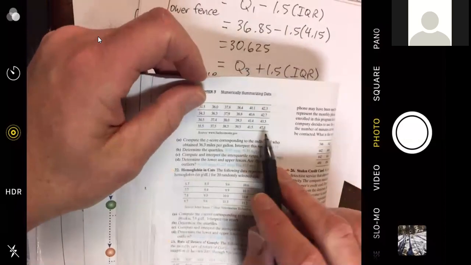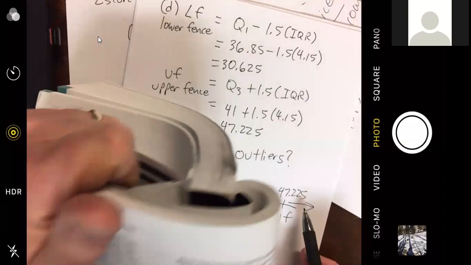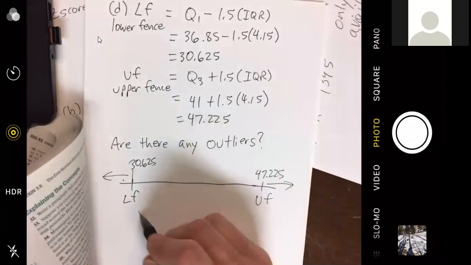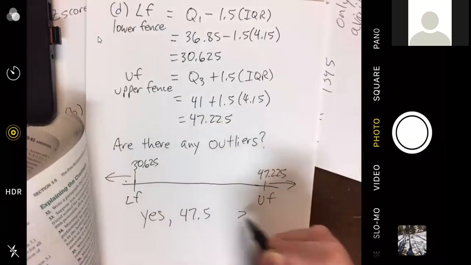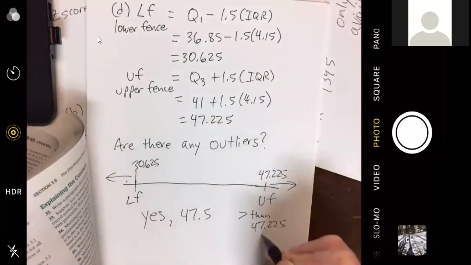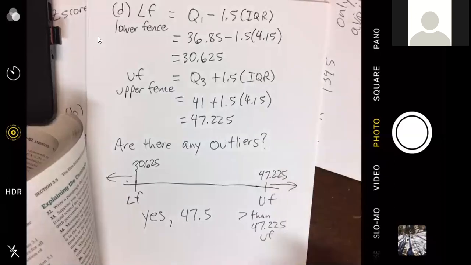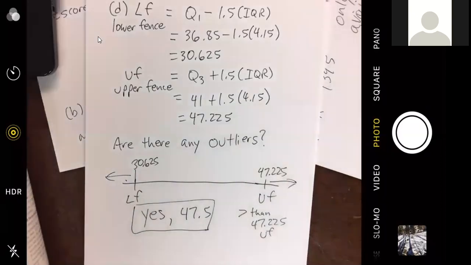So we've got no outliers below, but look at the 47.5. 47.5 here is bigger than the upper fence. So the answer is yes. 47.5 is greater than 47.225, the upper fence. So the lucky person who bought that smart car got a really large gas mileage.